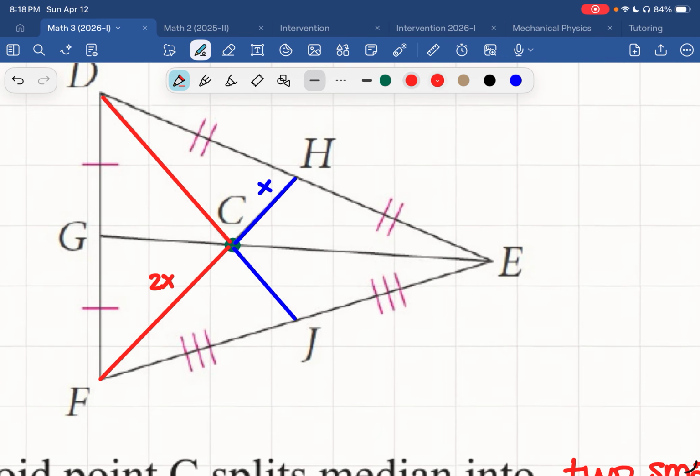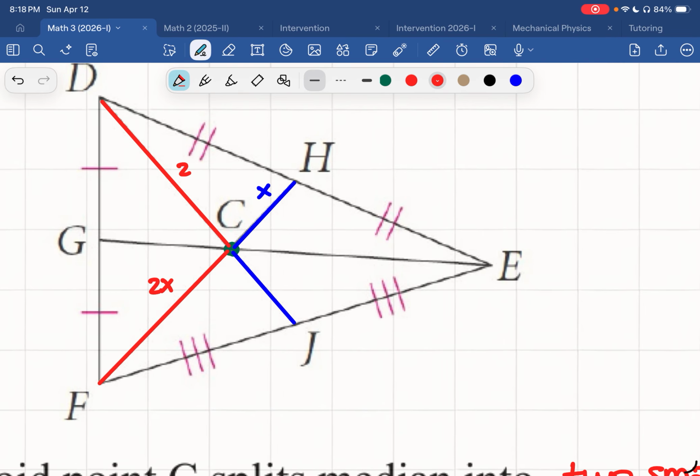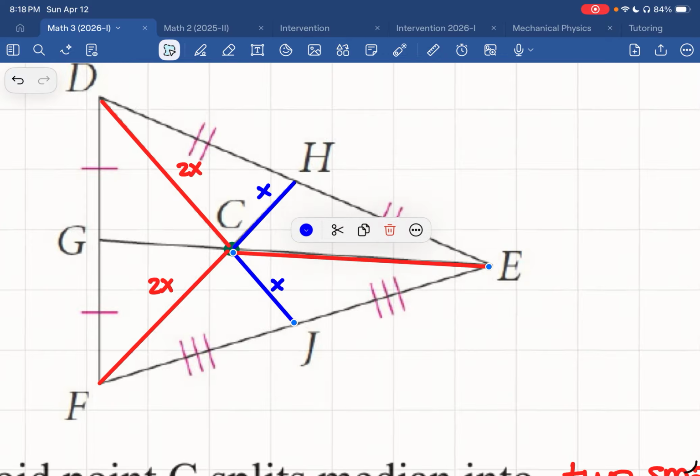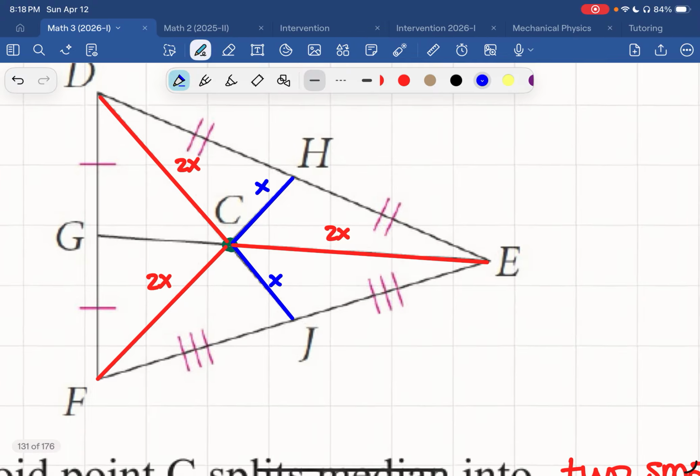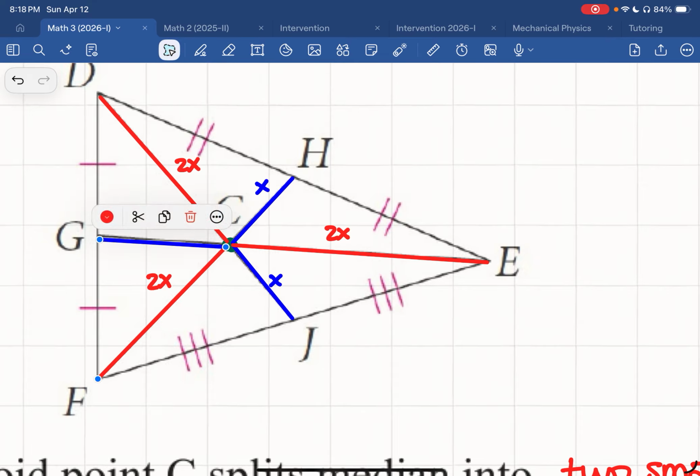So if this one is 2x, this one is what? X. And again, with the other one, if this one is 2x, what is this one? This one is gonna be x, right?